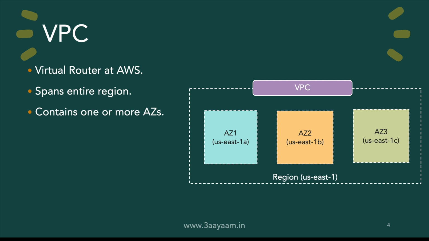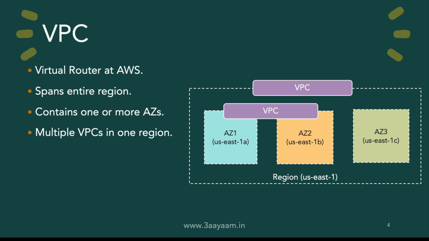That is fine. In this way we are opting data centers like US East 1D, 1E and 1F out of the VPC. So a single VPC can contain one or more AZs. In this case, let's say the VPC that we create would contain only AZ 1, which is US East 1A, and AZ 2, which is US East 1B.